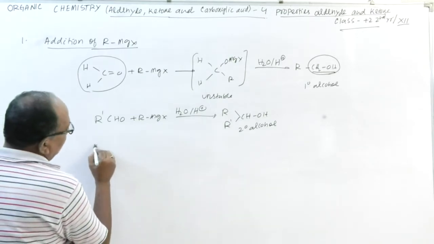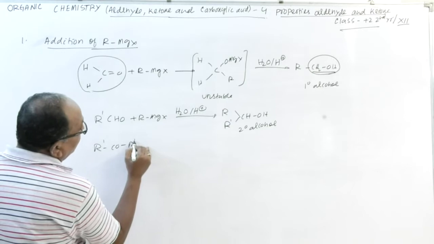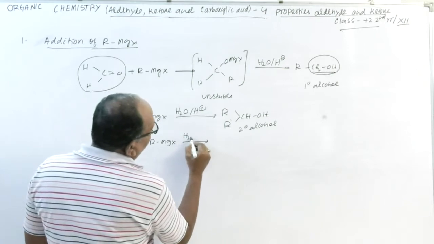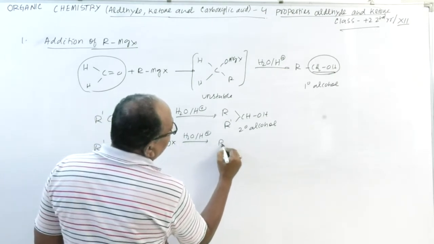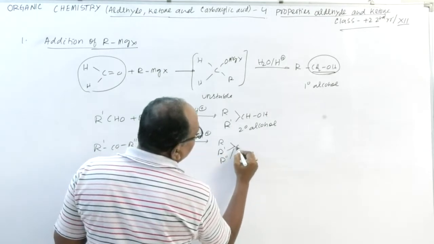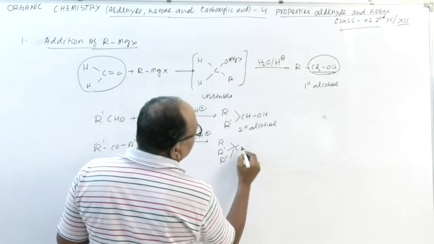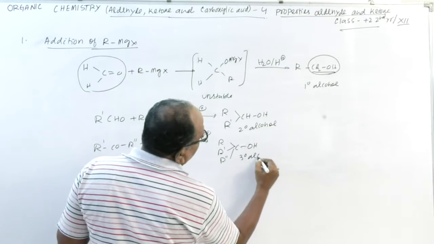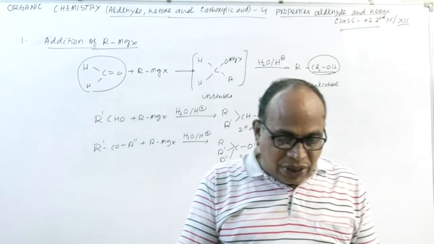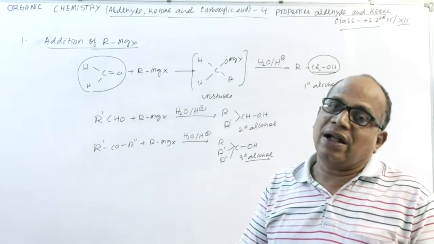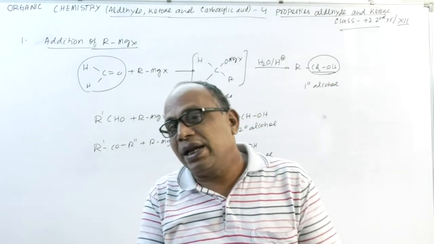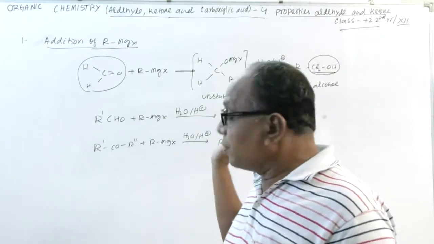Similarly, any ketone R'COR'' with RMgX forms an addition compound, which on acidic hydrolysis gives a tertiary alcohol. Okay, students, this reaction we already discussed in the alcohol chapter, the preparation of primary, secondary and tertiary alcohol from Grignard reagent. We will not discuss it any more.